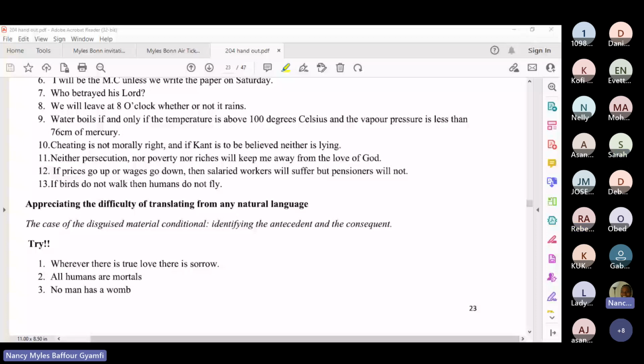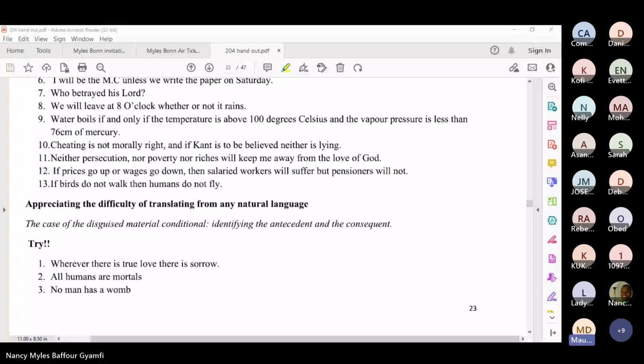What is the antecedent of that conditional madam has given us? It's correct, it's a conditional, but a conditional has an antecedent. What is the antecedent of our conditional now?